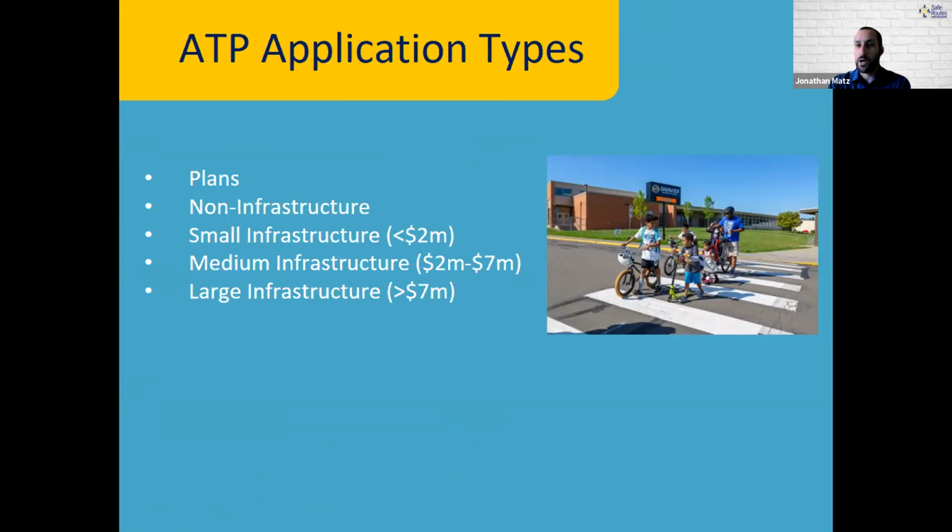You can get funding for a non-infrastructure program, and then 3 different levels of infrastructure grants depending on the amount of your project, with applications growing in length and demand as your project size grows. And all infrastructure applications can include a non-infrastructure component as well.